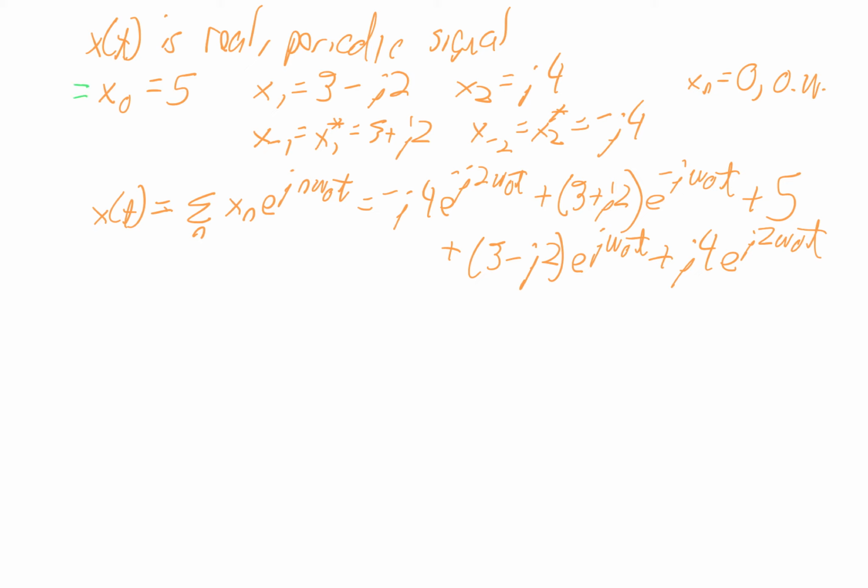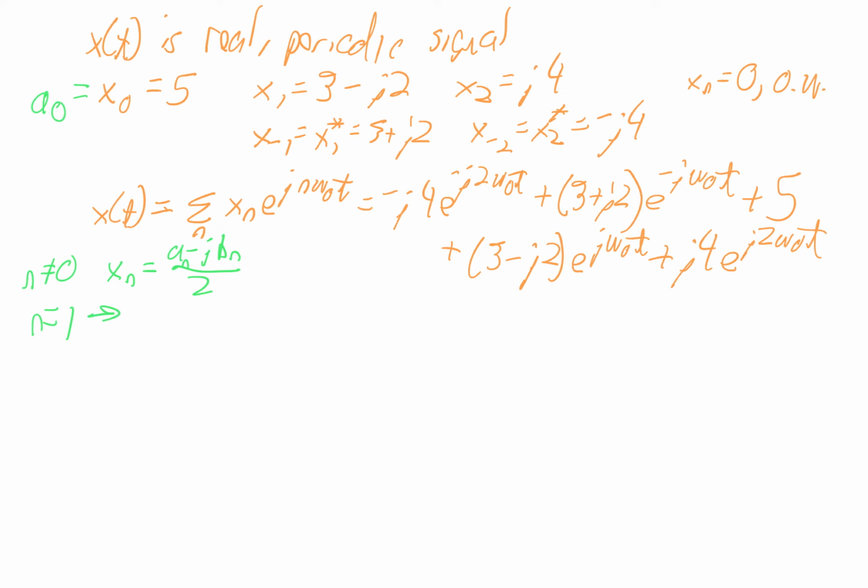So in the sine cosine form, we have a0 is equal to x0, and for the case where n is not equal to 0, we have that the x of n is equal to a of n minus j b of n over 2. So now let's take a look at the n equals 1 case. We have above that x of 1 is 3 minus j2.